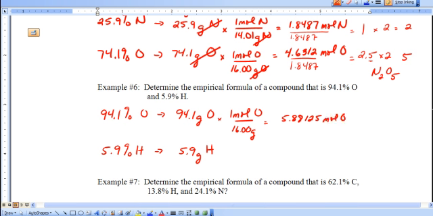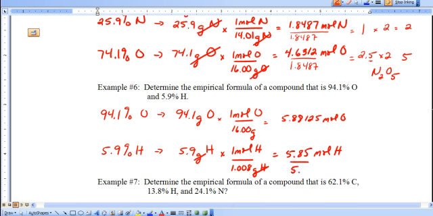We're going to do the same thing with the hydrogen. We're going to divide by the molar mass, which means 1 mole over 1.008 grams of hydrogen. Of course, the grams divide out. You're left with moles of hydrogen. So 5.9 divided by 1.008, I'm getting 5.85 moles of hydrogen. And you can almost see already this is basically a 1-to-1 ratio.